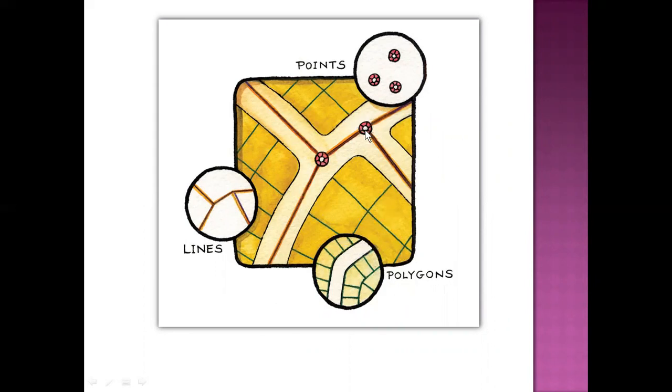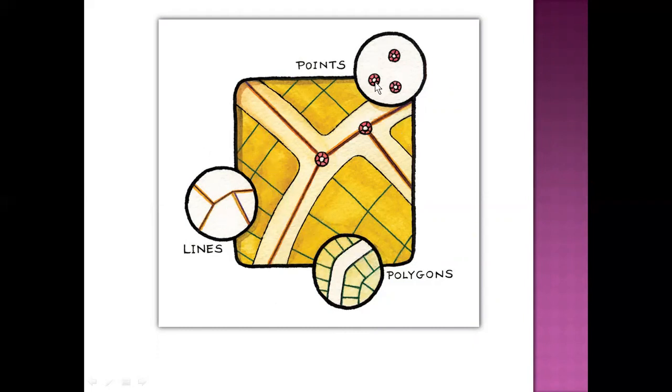So these two dots represent the points. Okay, this is the point. And this is a polygon. Okay, this is a polygon and a line. So each line, okay, these are the lines.